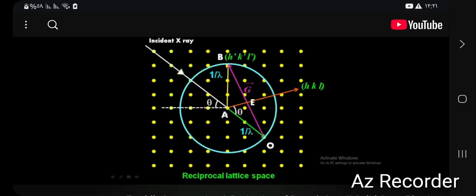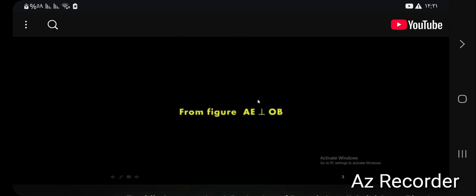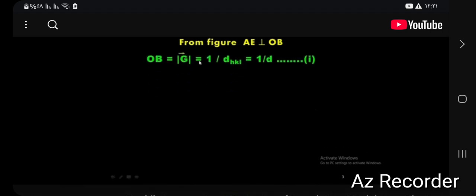So from the figure, AE is perpendicular to OB. I already told that OB is nothing but the interplanar spacing of the reciprocal lattice plane, so OB would be 1 by d_hkl, and OB is the reciprocal lattice vector, whose magnitude is 1 by d_hkl.